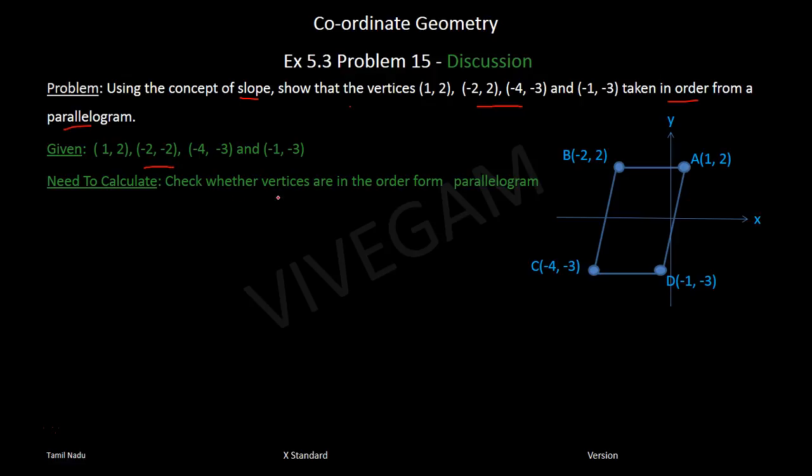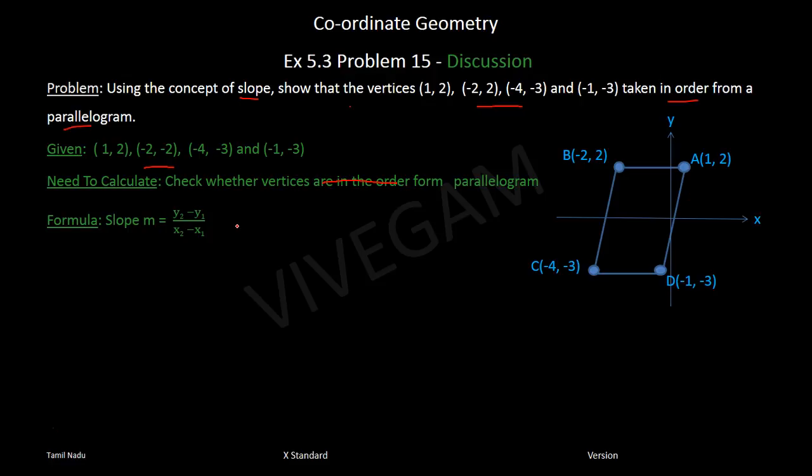All the 4 vertices are given. Then we need to check whether the vertices actually form a parallelogram. So what formula would we use? You'll have to use the slope, and the hint is the slope of the opposite sides.